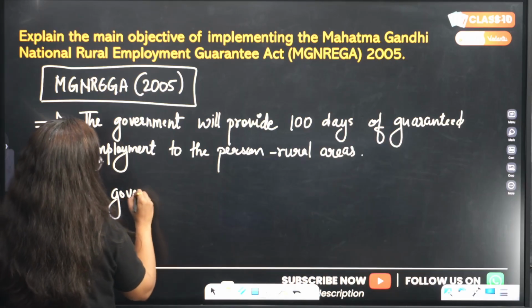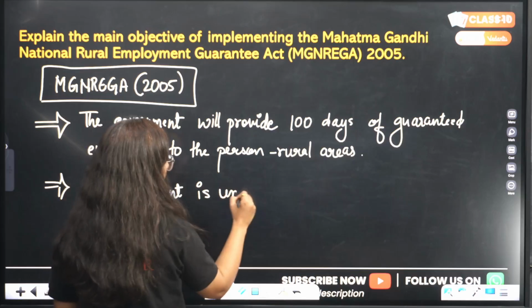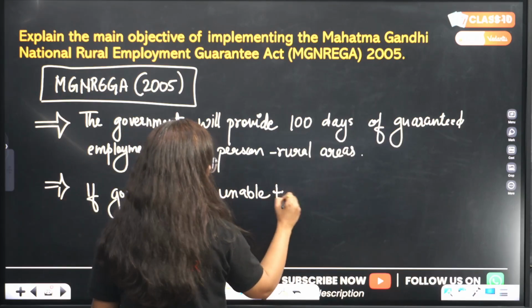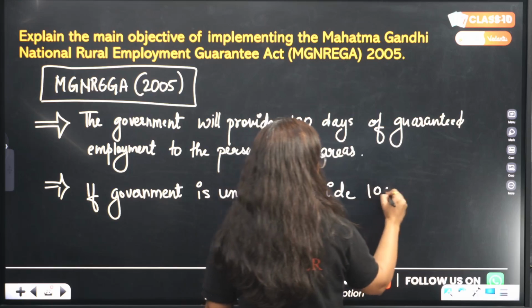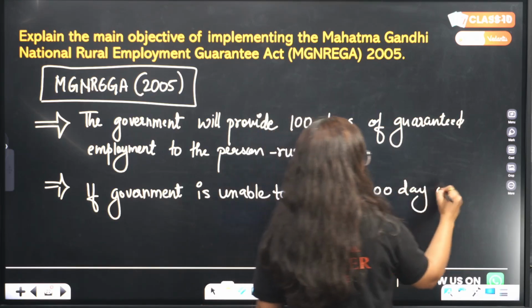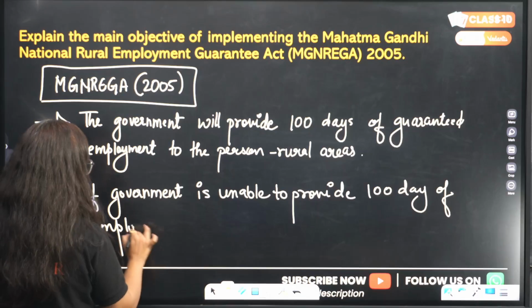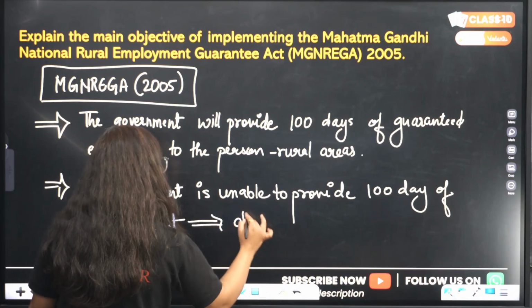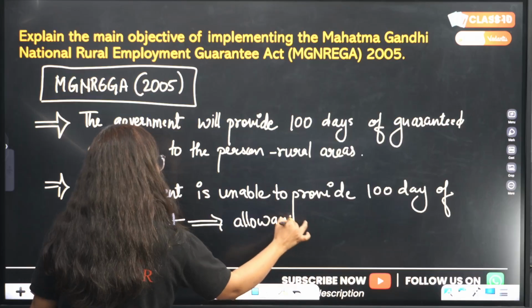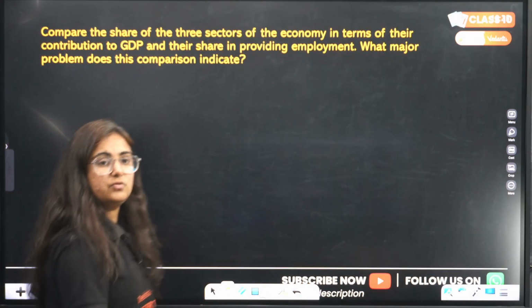If government is unable to provide 100 days of employment, then what will they provide you, beta? So they will provide you allowances for that. Allowances for that. ठीक है? So this is the main objective of the scheme.